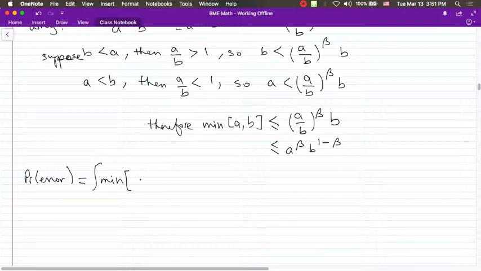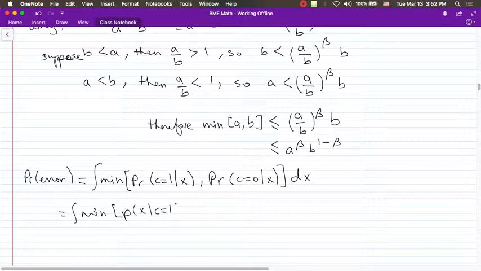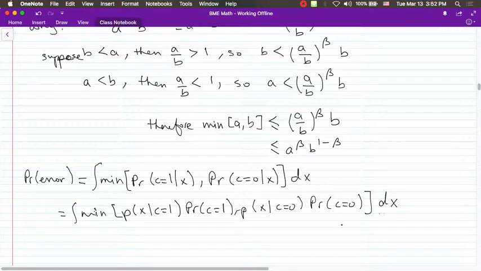So that's the minimum of the posterior probability of C equals 1 given x, and the posterior probability of C equals 0 given x, dx, which is equal to the minimum of the likelihoods, P of x given C equals 1 times the probability of C equals 1, and P of x given C equals 0 times the probability of C equals 0. The minimum of this, we want to integrate it. That's our probability of error.